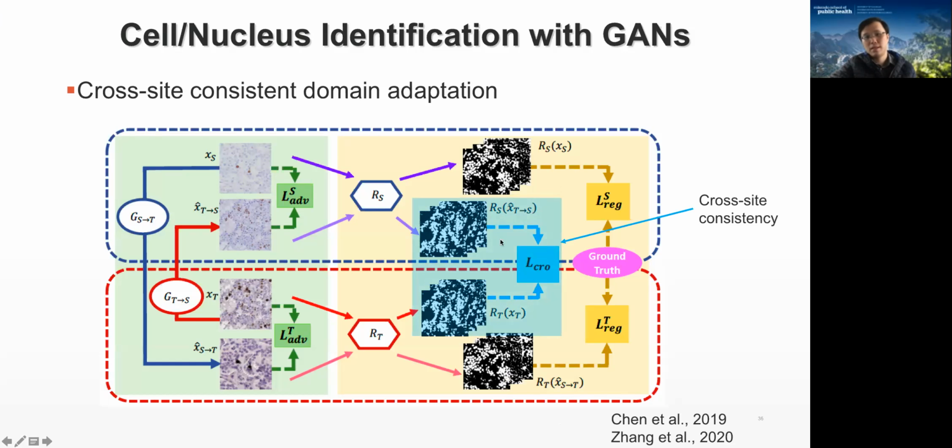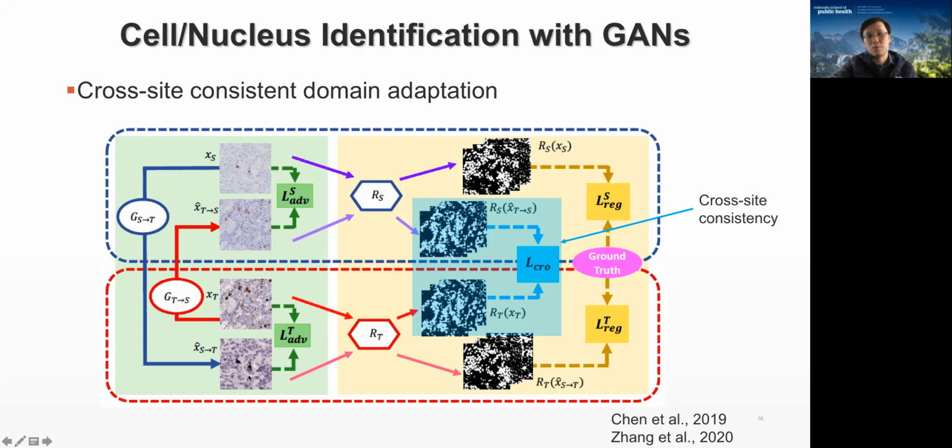So remember that in our previous study, we don't have labels for the target image data, and we train a target model by using the transformed source images, such as this one. We transfer these source images to the target style image data, and then use this image data to train the target model.